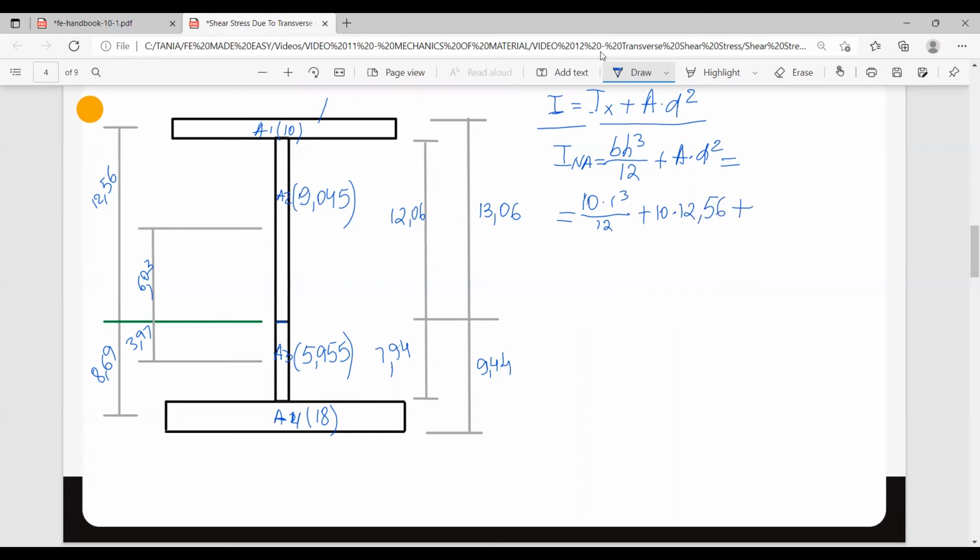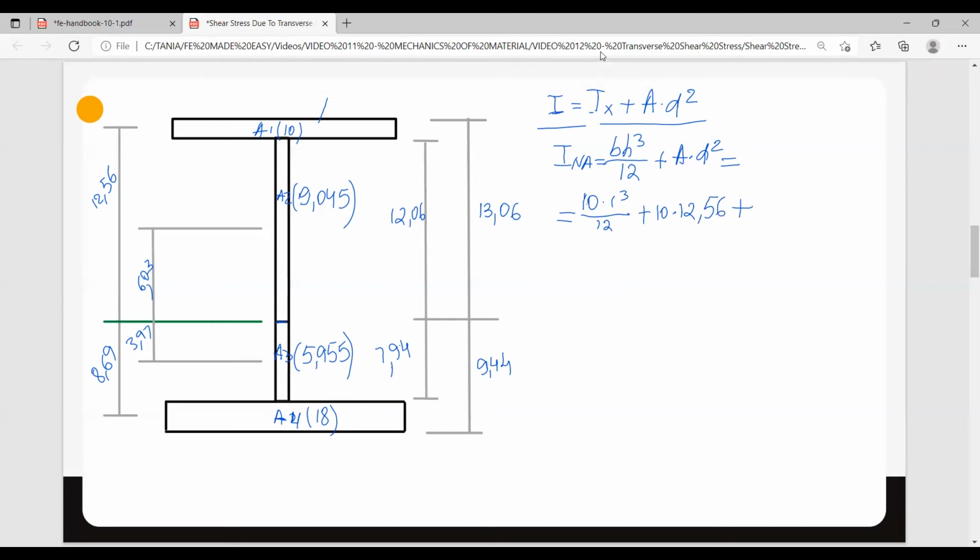Plus, let's go to area number 2: 0.75 times 12.06 cubed over 12, plus the area, which is 9.045, times the distance from its centroid to the elastic neutral axis, 6.03.